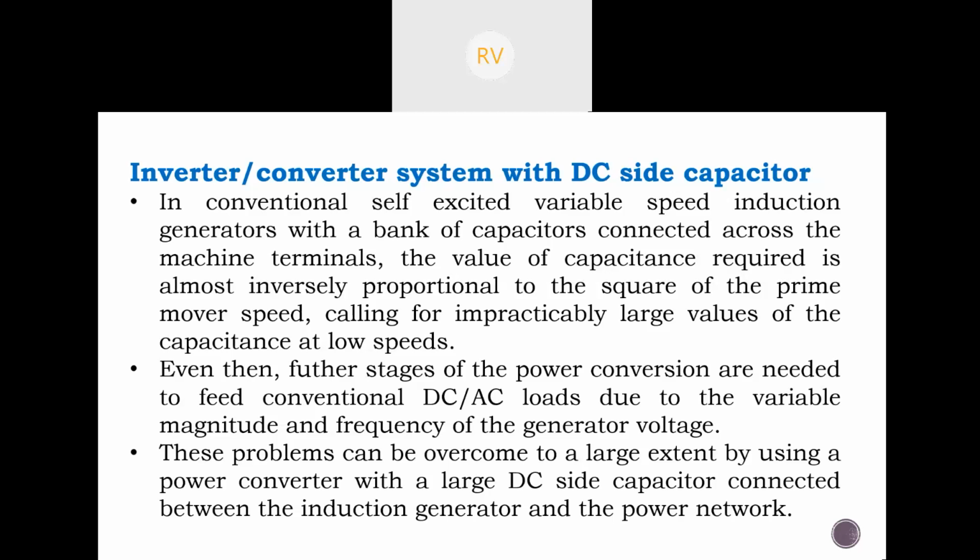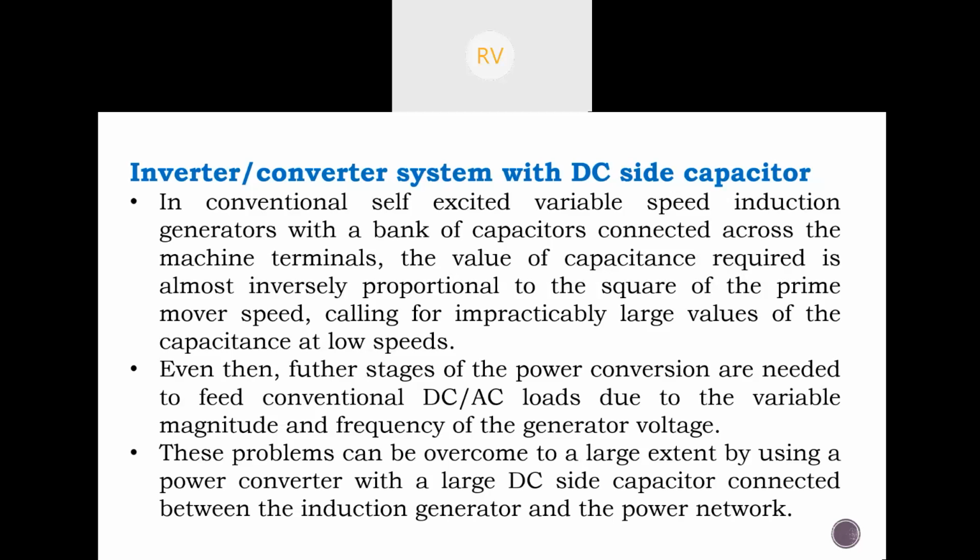So we need extra power conversion stages. These problems can be overcome to a large extent by using a power converter with a large DC side capacitor connected between the induction generator and the power network.